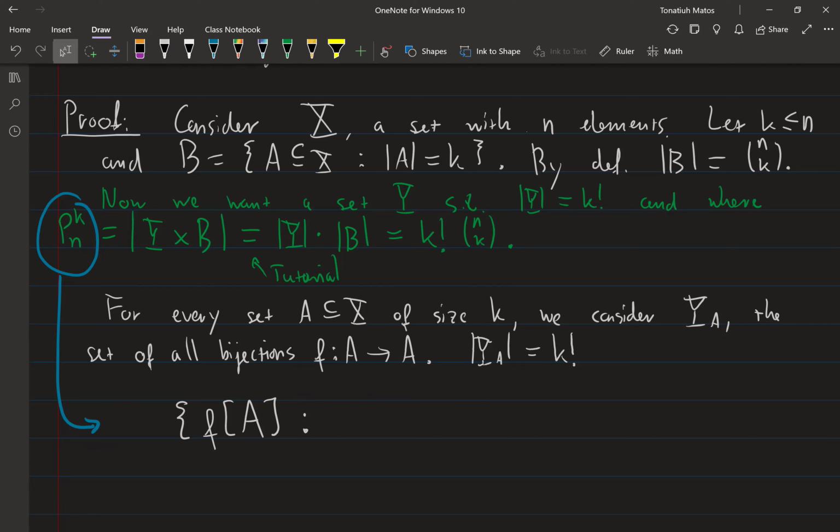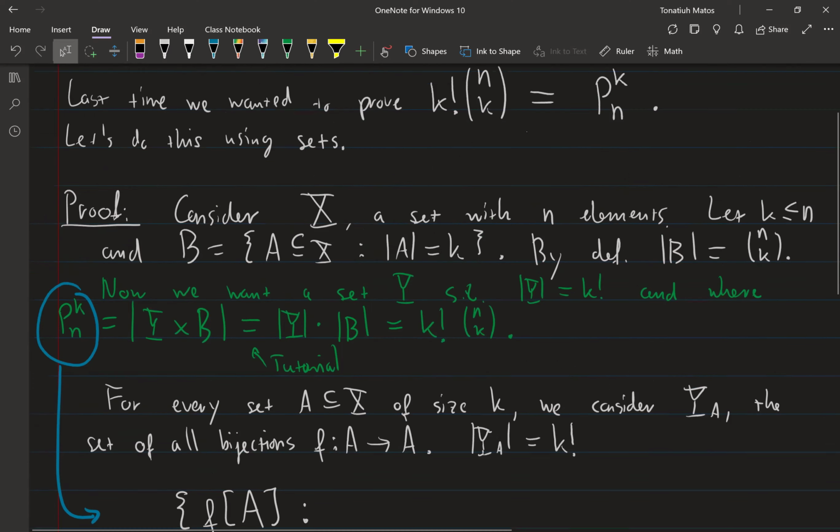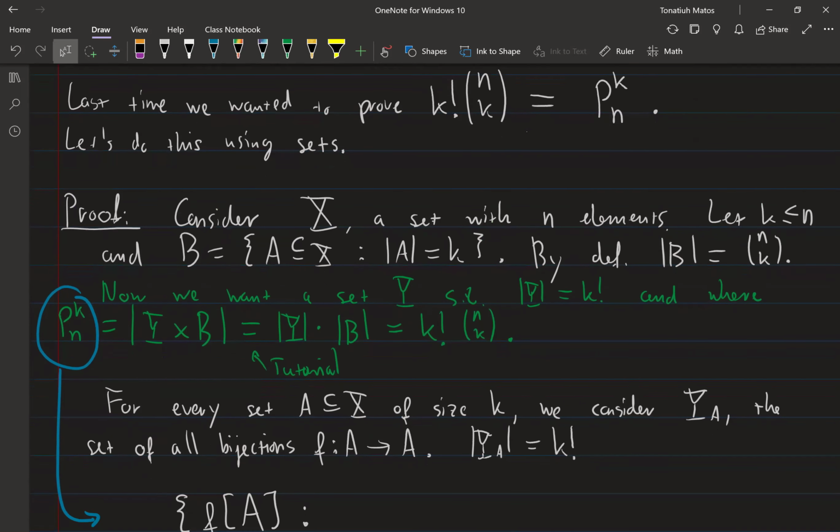We're trying to compute the size of the set B. And for that, what I'm trying to do is take the set B and multiply its size with k factorial and prove to you that that set has size n factorial over (n minus k) factorial. But we have to somehow relate those two amounts because this symbol is not defined algebraically, right? So how do we prove that that is true? We could do it, like I said, by induction.